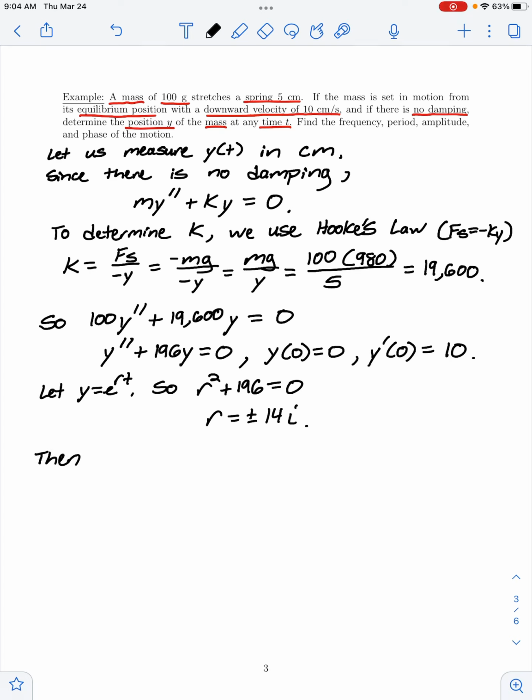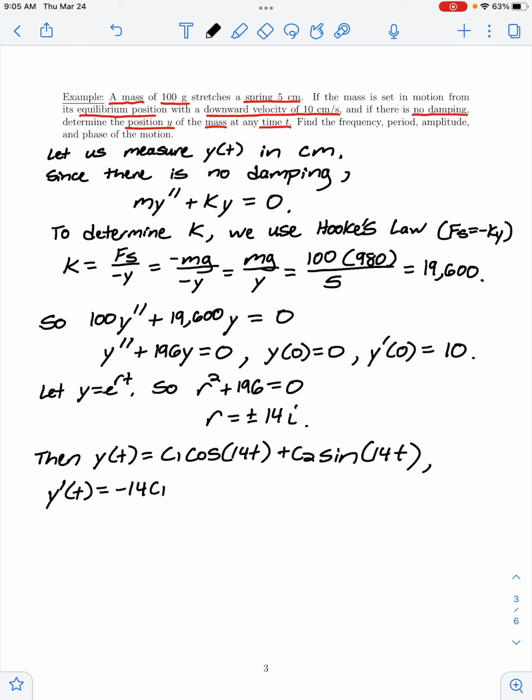So our general solution would be given by C1 cosine of 14t plus C2 times sine of 14t, and y prime of t would be given by negative 14c1 sine of 14t plus 14c2 cosine of 14t.